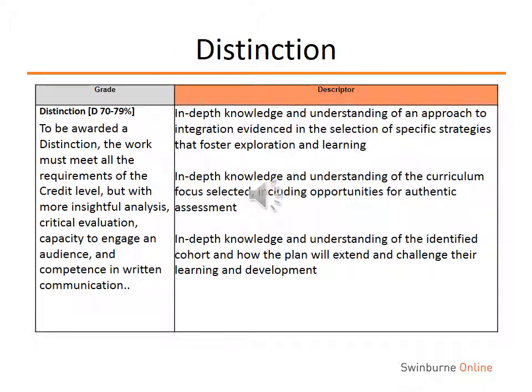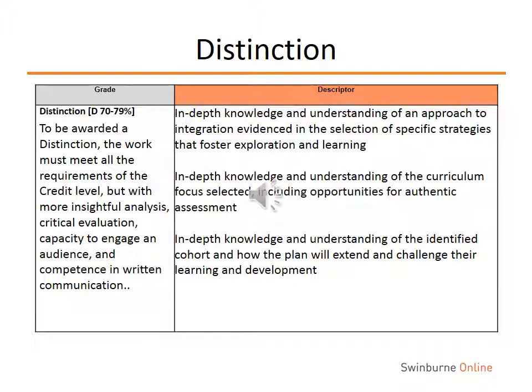Moving on to a distinction. You need to show that you understand why you have chosen specific strategies. Why and how do you think these are best for these particular children for this particular topic?